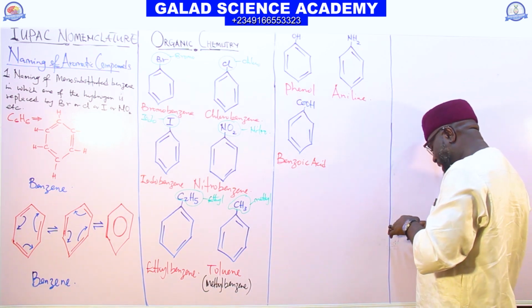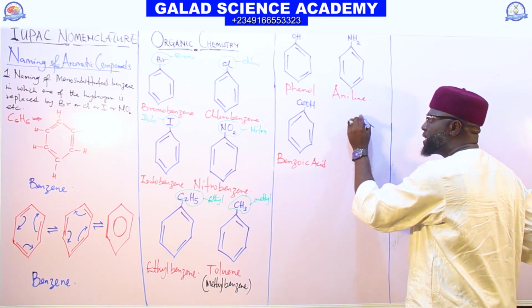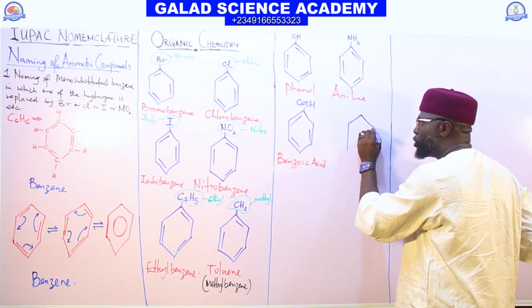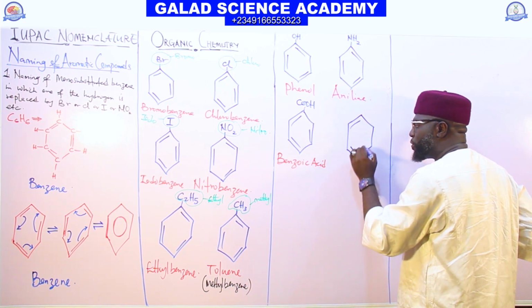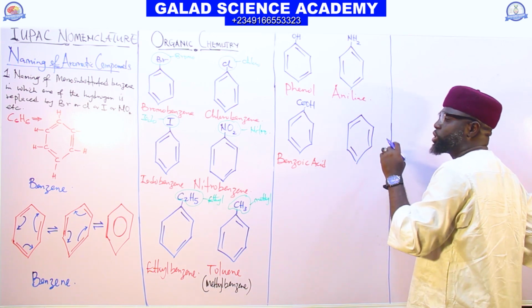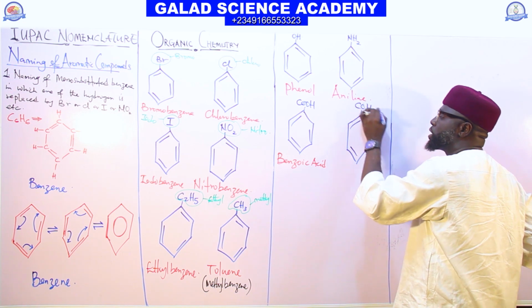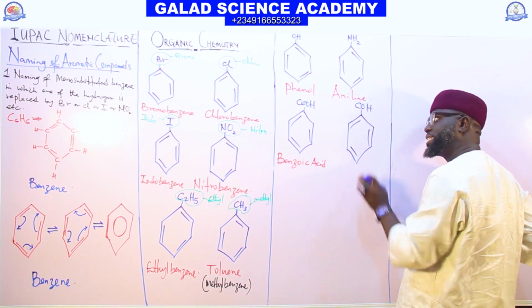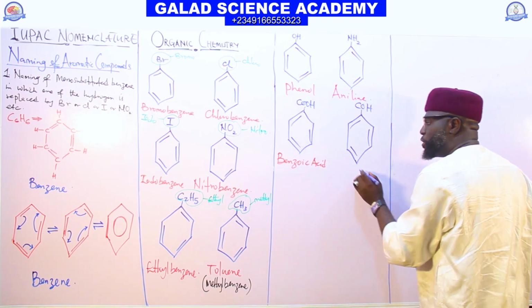But when an alkanal is added to it, we have benzene in this group, and the functional group of alkanal we have on top, which gives us CHO, like this. This is the alkanal functional group.